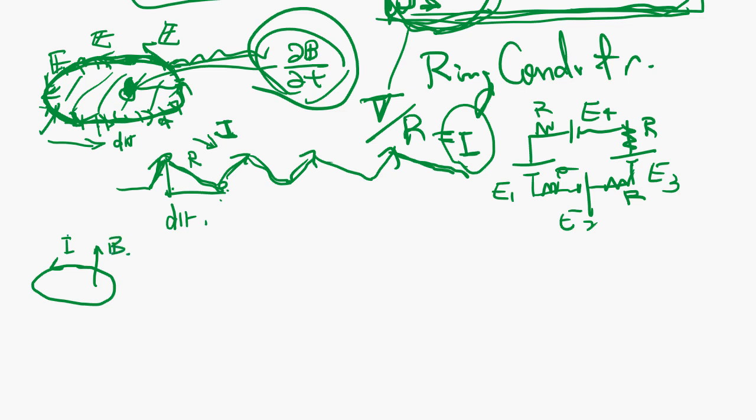And when B is not changing, it doesn't do anything. If you give a sine wave on this I current, then B is going to change, right?